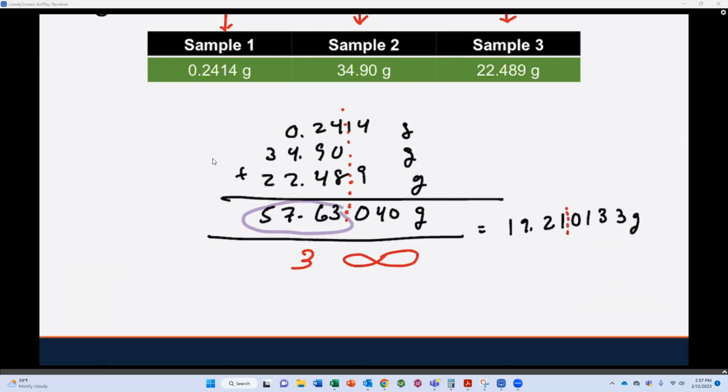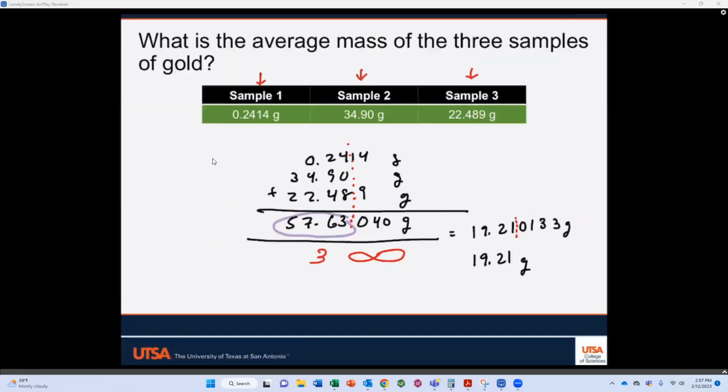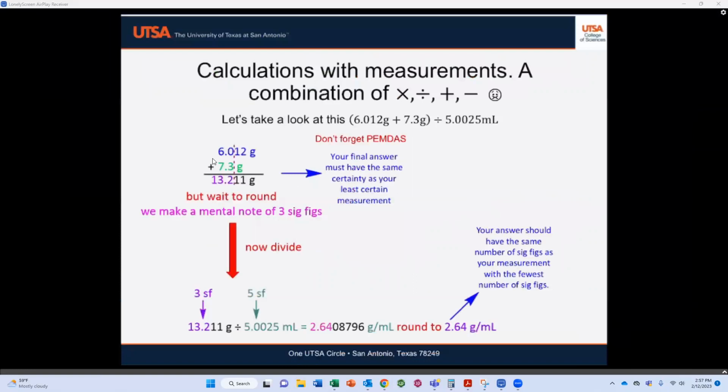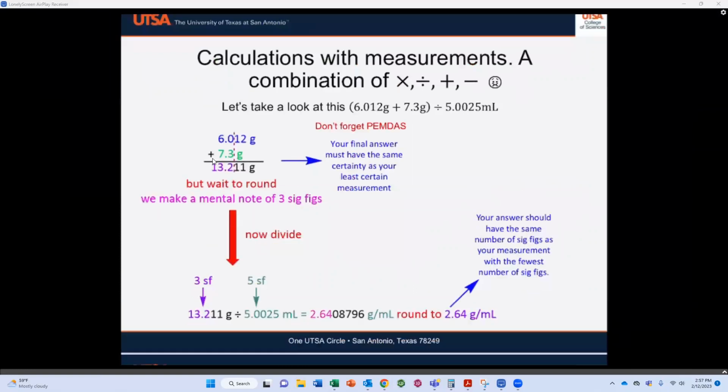So when I finally report this value, it's going to be 19.21 grams. Again, remember, counting numbers have an infinite number of significant figures, right? It's not a measurement, it's a counted number. So they do not influence my final answer. But if we do a combination, so the next example is a combination.